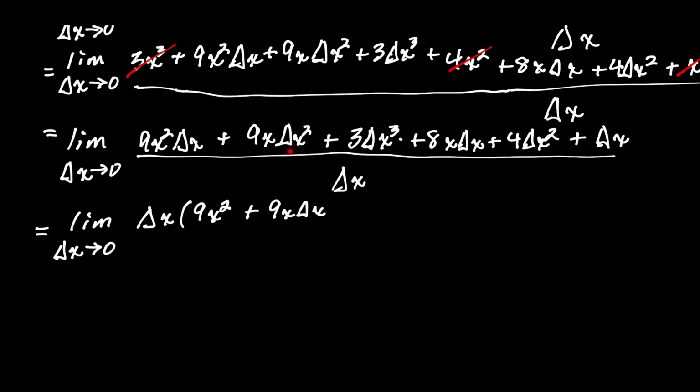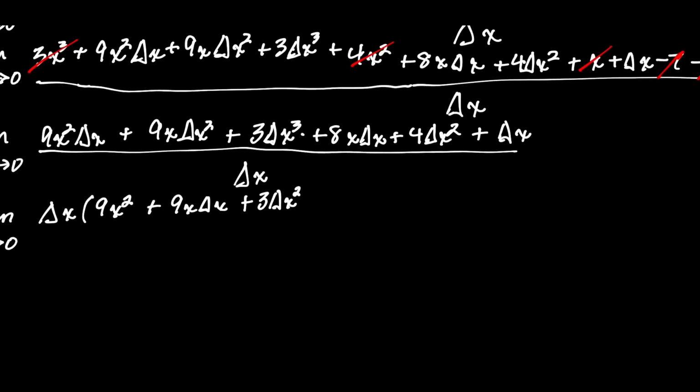Delta x times delta x was this delta x squared. So be careful when we have higher exponents. Plus 3 delta x squared. So this one is going to stay squared. Plus 8x plus 4 delta x.